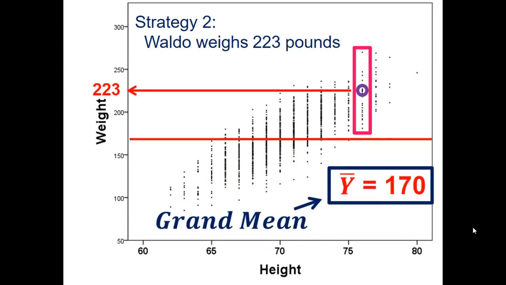In general, we get better accuracy if we use a conditional mean rather than the grand mean as an estimate. The grand mean is the mean for the entire group. It's different from the conditional means, which are based on subgroups only.